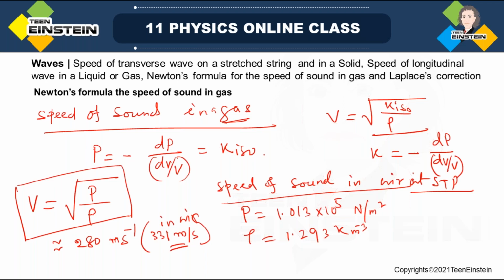But if we use this formula to find the speed of sound in air, we get only 280 meters per second, whereas experimentally the speed of sound in air is found to be 331 meters per second.